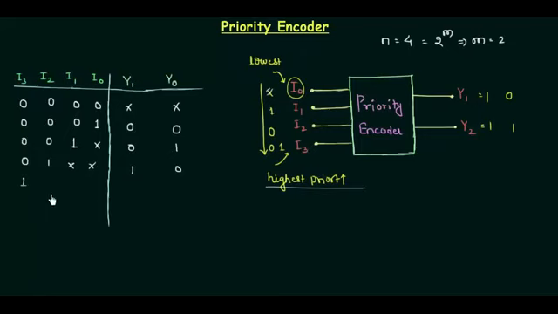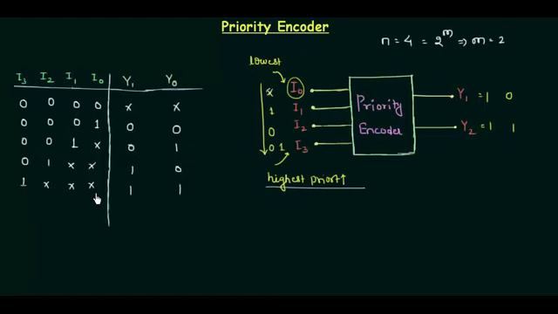Again, we don't have to look at the values of I2, I1 or I0. They will simply be don't care. Whatever their value, the priority is given to I3 and the output will reflect I3. So 1 1.